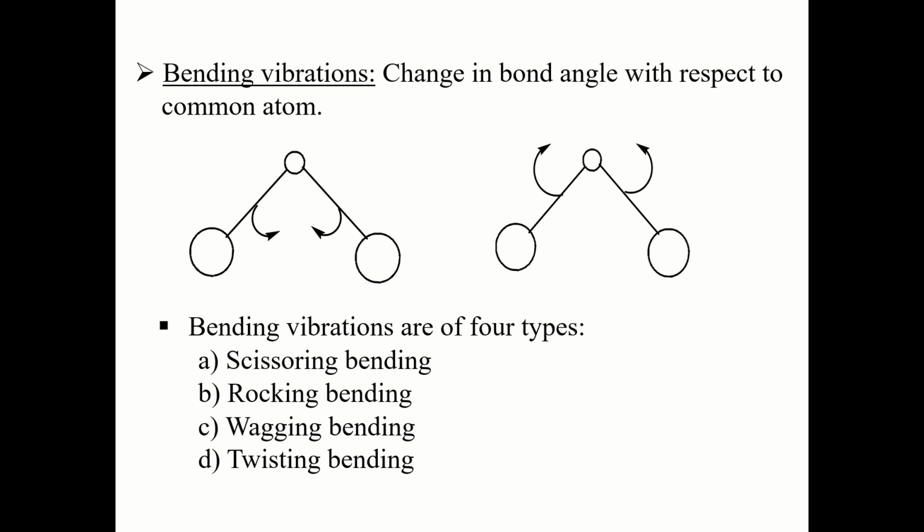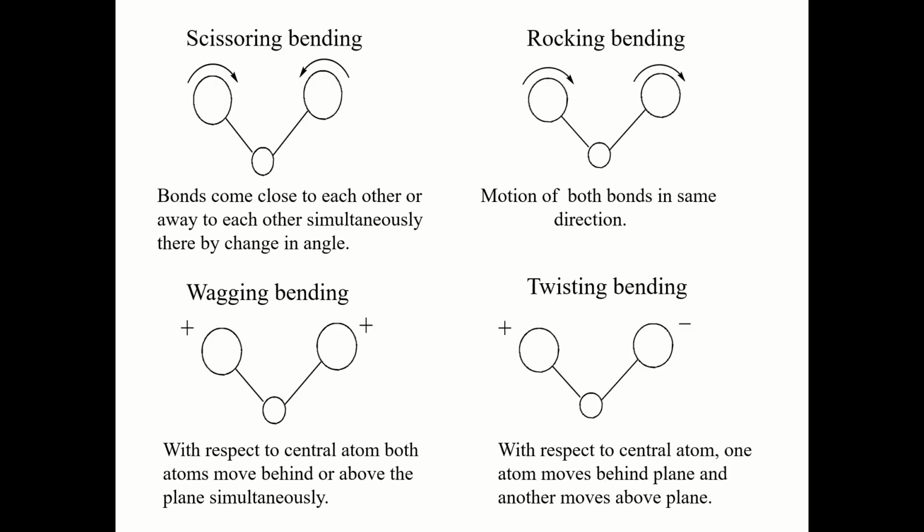Now bending vibration. Bending vibration arises due to change in bond angle with respect to the common atom. In stretching vibration there is a change in bond length, and here there is a change in bond angle. Bending vibrations are further divided into four types: scissoring, rocking, wagging and twisting.